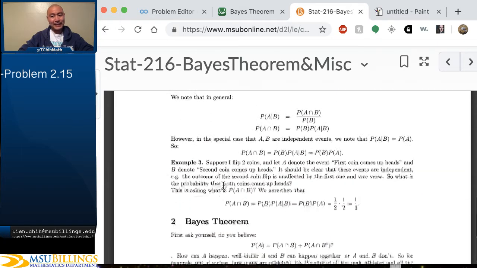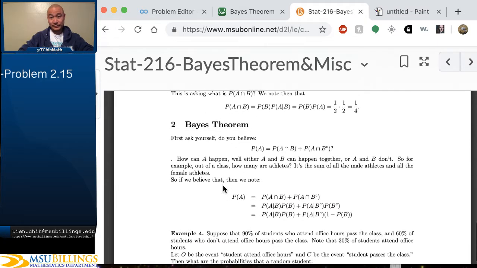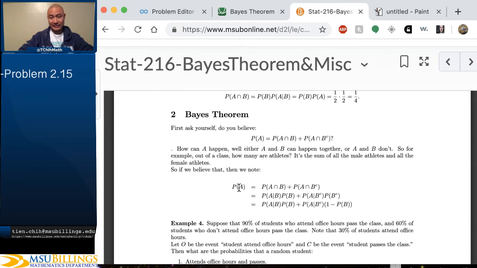And in the Bayes theorem video, I also introduced this fact that the probability of some event is the probability of that event given some other event times the probability of that other event, plus the probability of the first event given the second event doesn't happen times the probability that the second event doesn't happen.